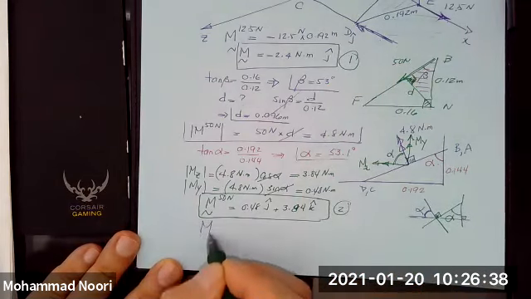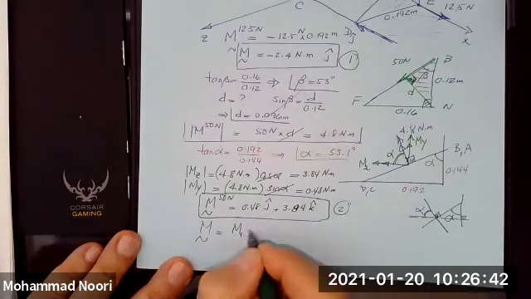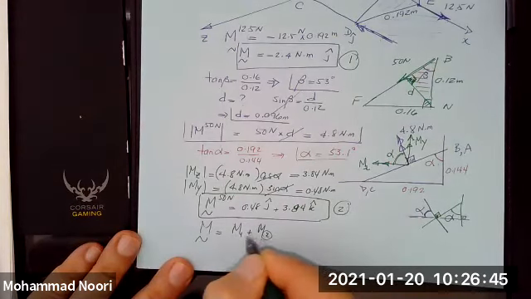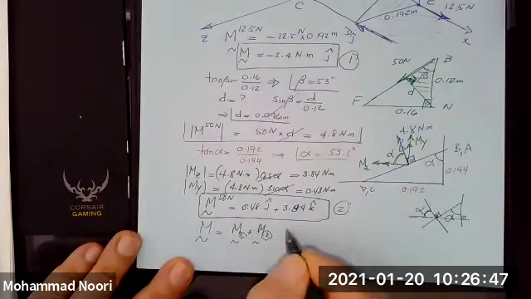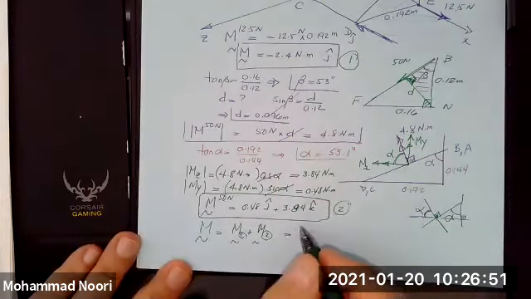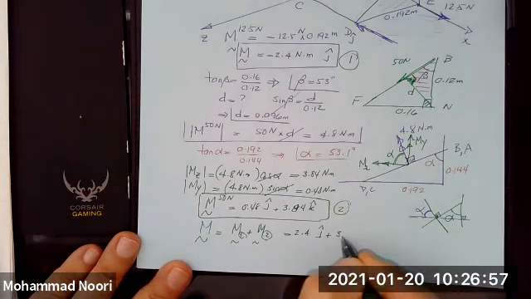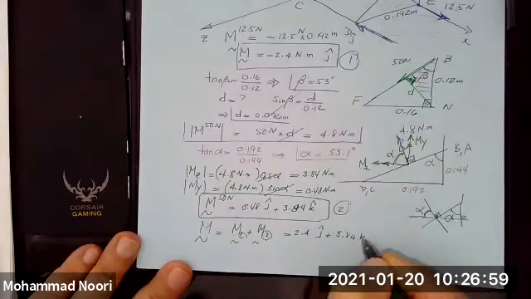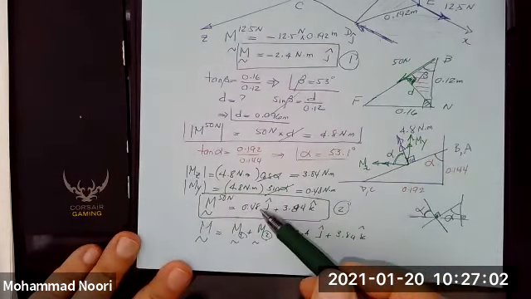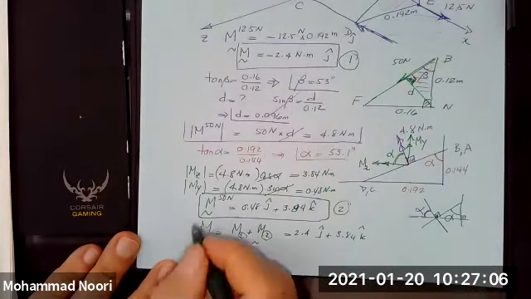So the total moment, which is what the problem is asking, would be M1 plus M2. If you add these up, you see that it comes out to be 2.4 J plus 3.84 K. That is adding the Y component here and K component here.